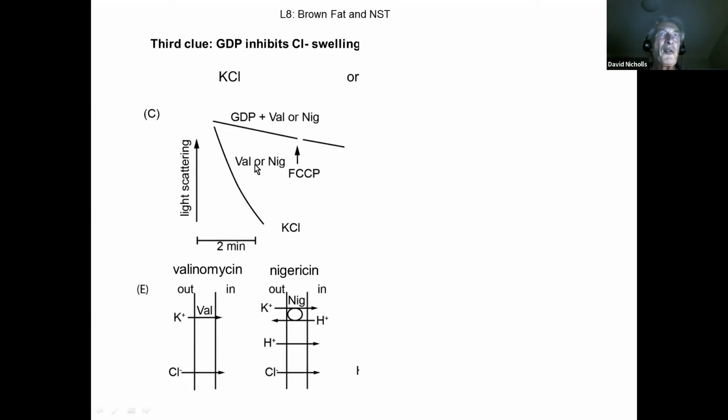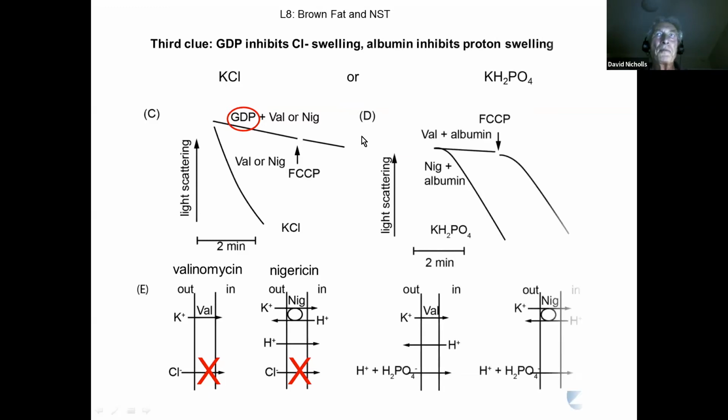This tells you, although we didn't realize it at the time, that the mitochondria are proton permeable. But when we added a nucleotide, GDP, we blocked swelling both with valinomycin and with nigericin. So the conclusion is that GDP, among other things, is inhibiting chloride swelling, this curious chloride swelling.